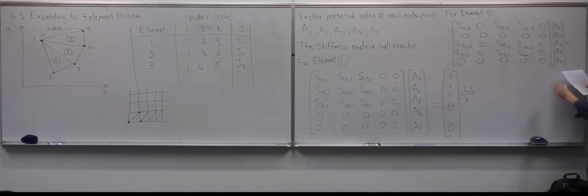And that's equal to the current in element 2. So on here now we have 1, 0, 1, 1, 0. Okay? So that's element 2. So you can see this is really good for a computer, but not good for humans to write out.